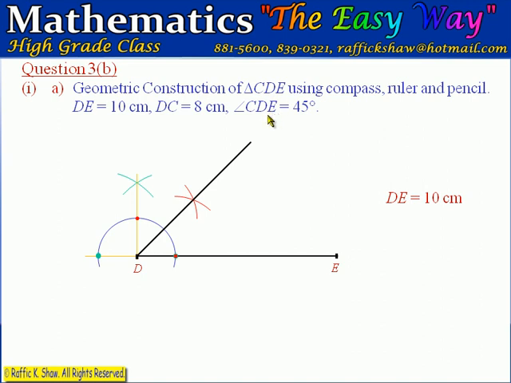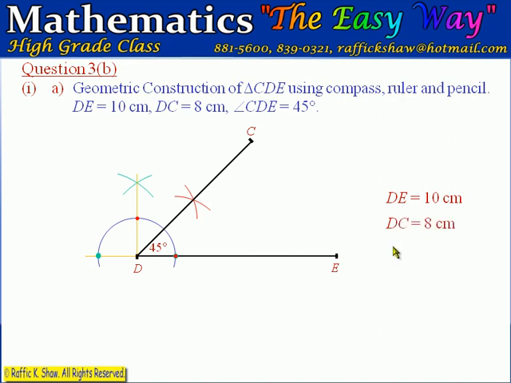So that's our line, and then all we need to do now is find our C up here by measuring with our ruler from D up to C. We measure 8 centimeters along this line, and that way we can mark our 45 degrees angle here and mark our C. So this angle here now is 45 degrees, which is what we wanted, and our line DC, we measure it and mark it so that it is 8 centimeters.